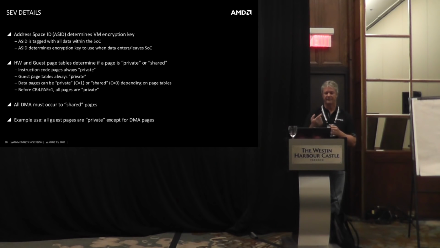The ASID is tagged with all the data that's in the SoC, so cache lines, TLBs, that kind of thing. And the ASID determines the encryption key. So what we'll do is associate the ASID with the guest, with the secure processor, and load the appropriate key and access the data that way.